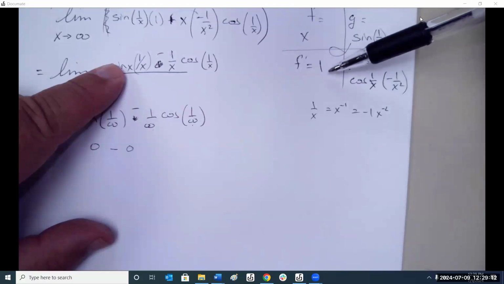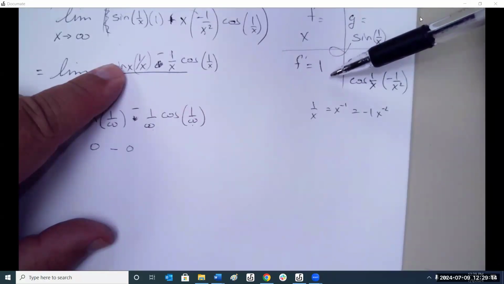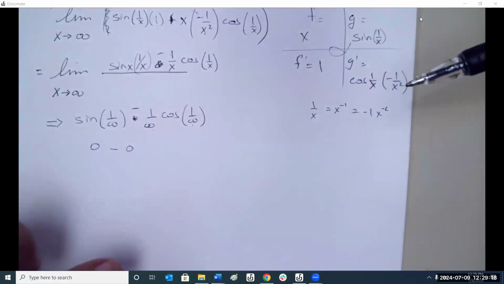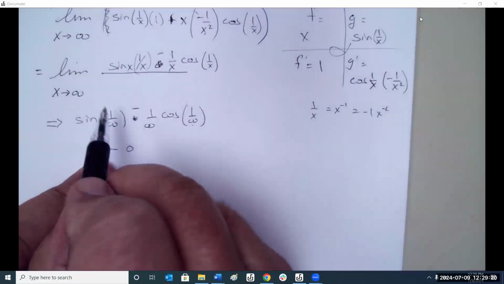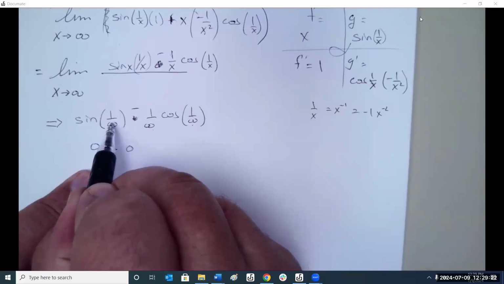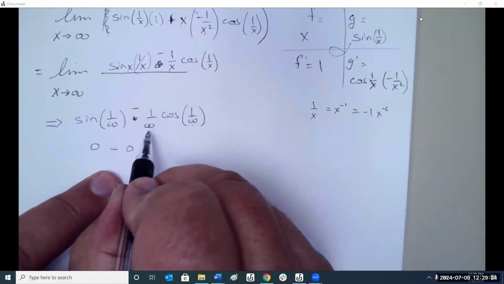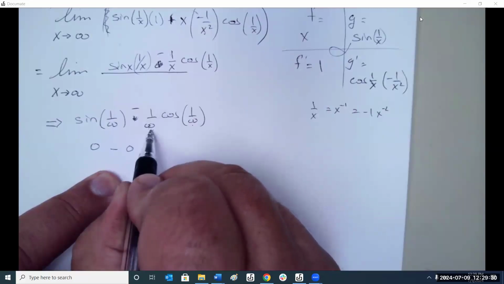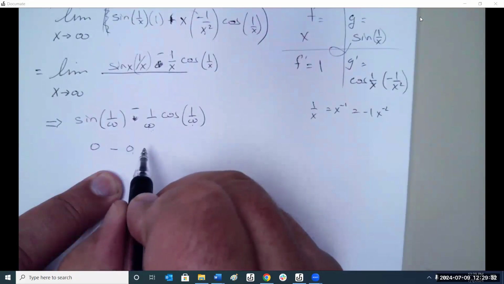Sine x times x. Okay. So this is 0. That's very small, so it's 0.